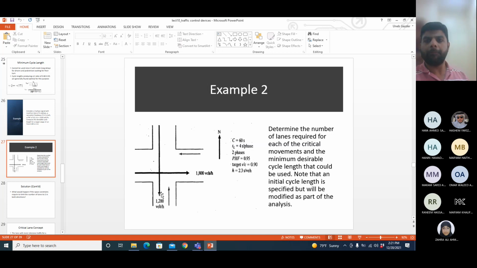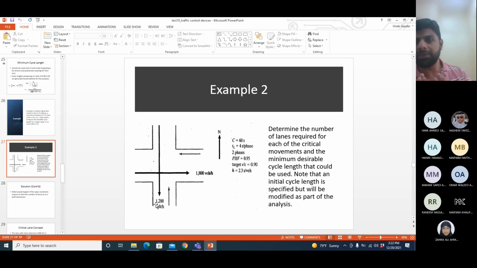So total per lane volume from both directions will be 3000, 1800 plus 1200. But my signal cannot handle more than 1357 vehicles per lane per hour. So I need to reduce this 3000 to a value which is equal or less than 1357.